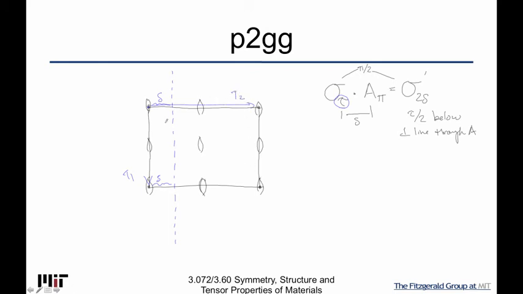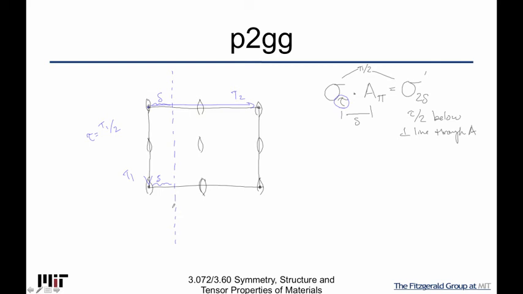Then when I look at this and I'm inserting a glide plane here, any motif I have here, I'm going to reflect here and translate down here, right? It's going to be half of this. So we expect tau to be equal to t1 over 2, right? In the original case, right?